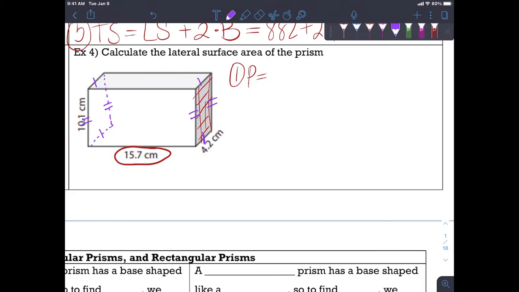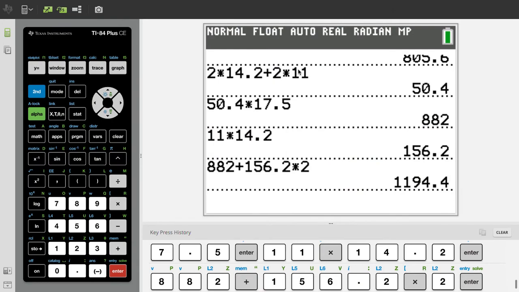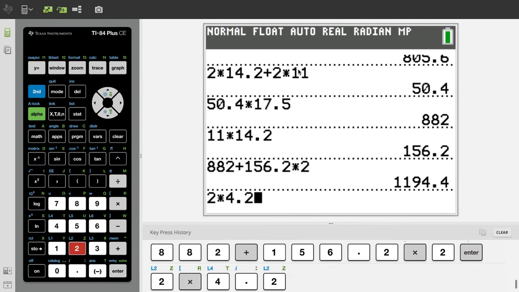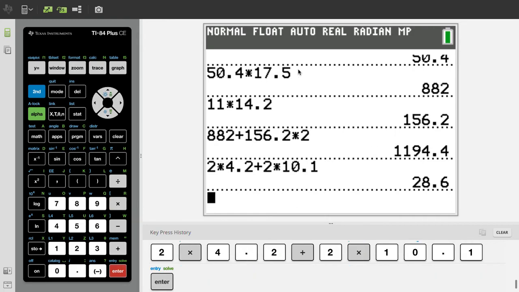All right. So the perimeter of one of these is going to be 2 times 4.2 plus 2 times 10.1. I'm going to drop that in my calculator. 2 times 4.2 plus 2 times 10.1. And the perimeter of this base is 28.6.